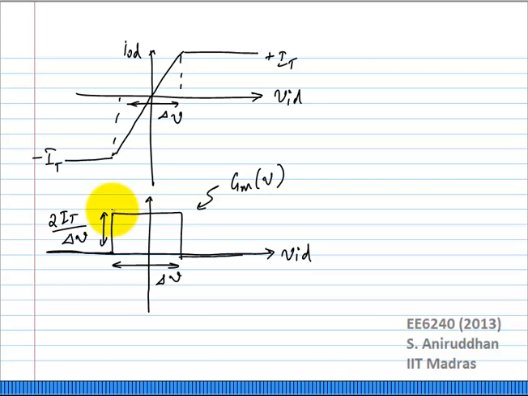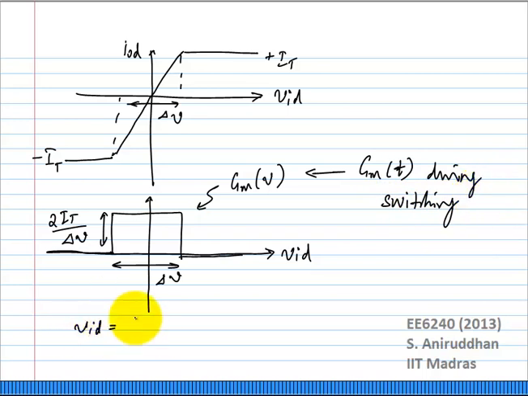So delta t, since delta t is related to delta V, therefore this will also be the same as GM of t during the switching time. Okay, so again we'll say, so let us say VID was 2 VLO cos omega LOT.